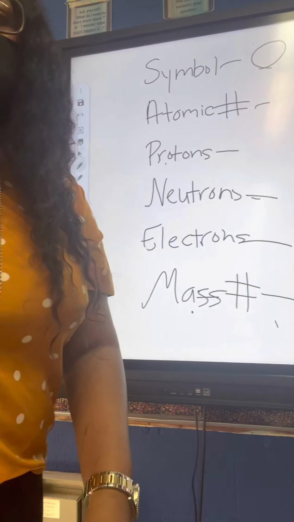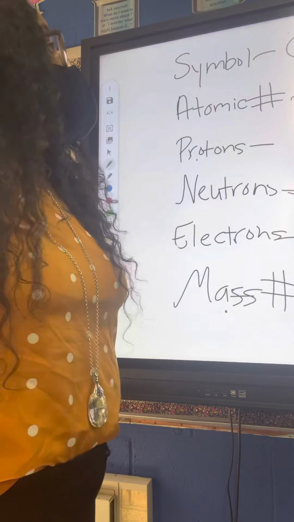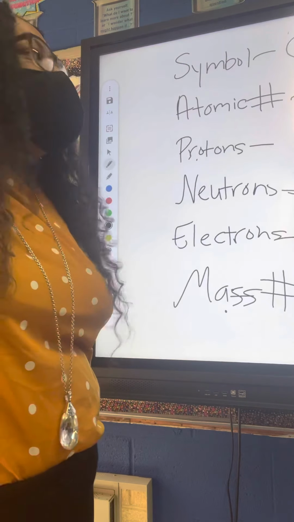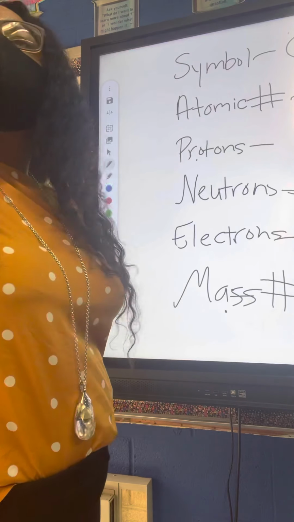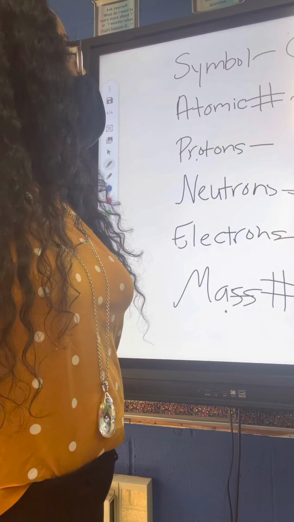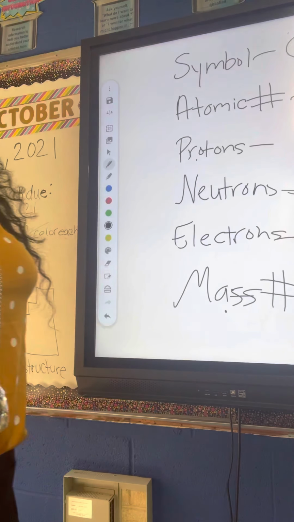The atomic number is always going to be the number over the symbol. Proton is always the same as the atomic number. All right, thank you, Mr. Tenor.